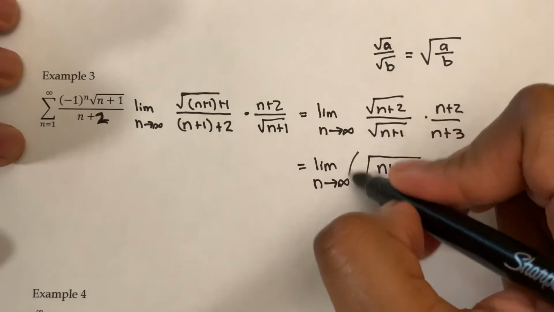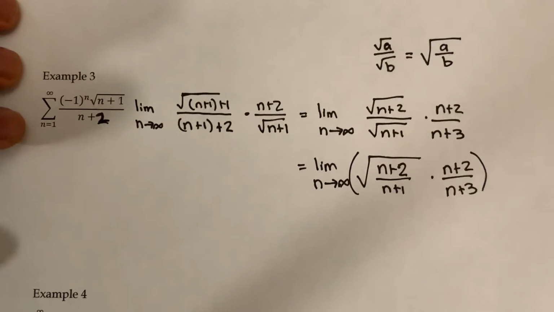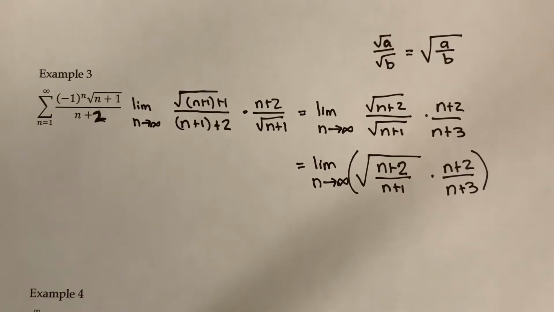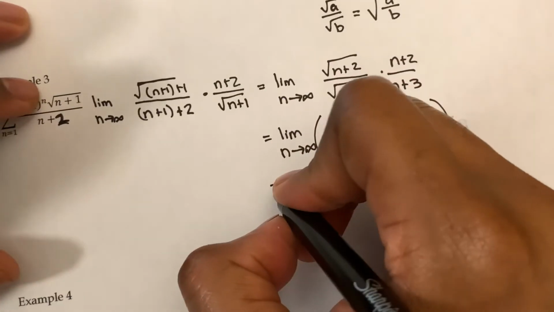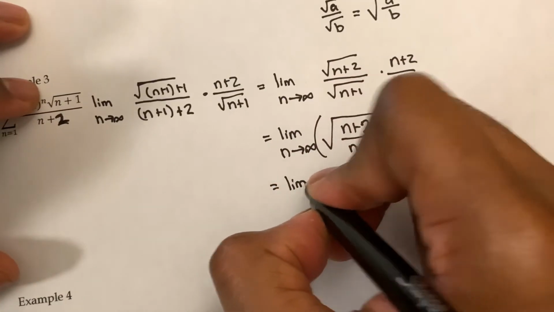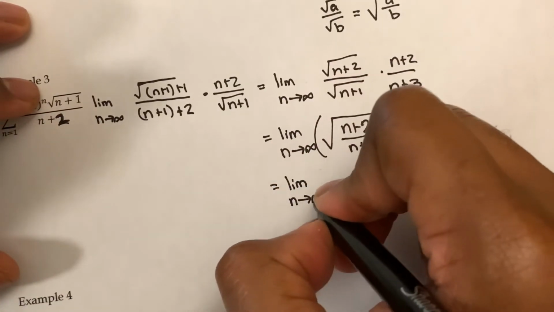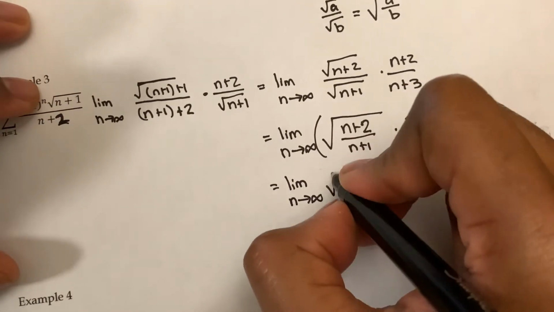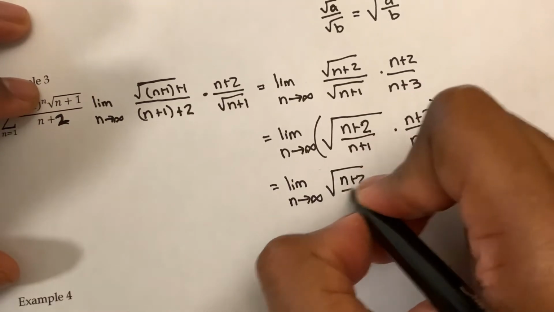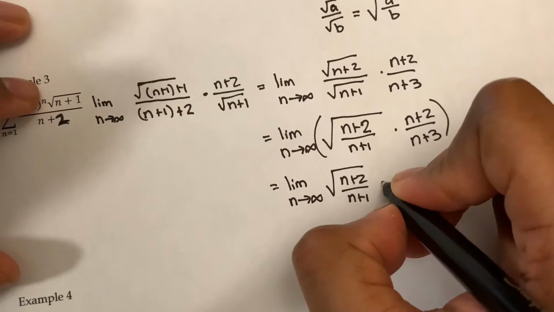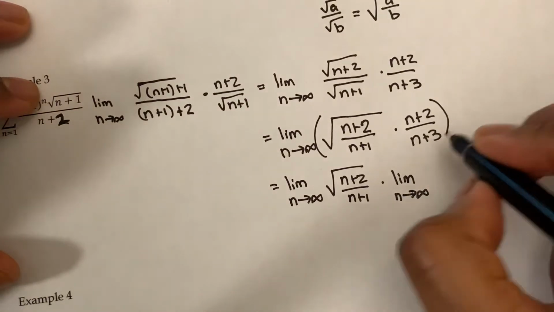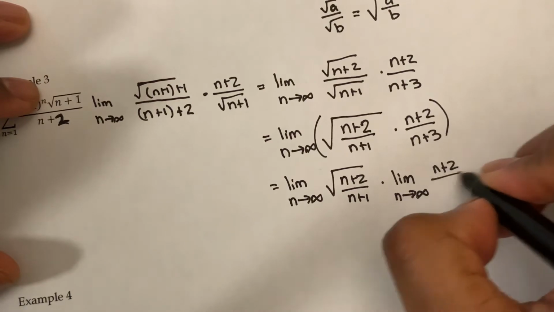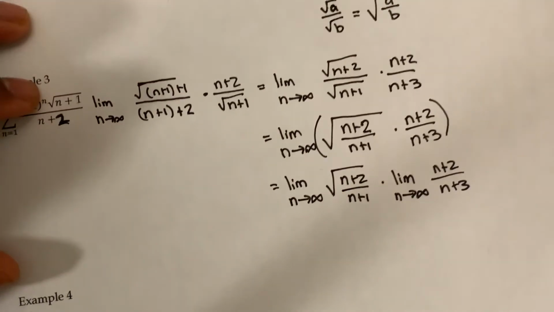Now, again, we're taking the limit of this thing. So the limit is distributable over a product, meaning that we could make this the limit as n goes to infinity of the square root of n plus 2 over n plus 1 times the limit as n goes to infinity of n plus 2 over n plus 3.